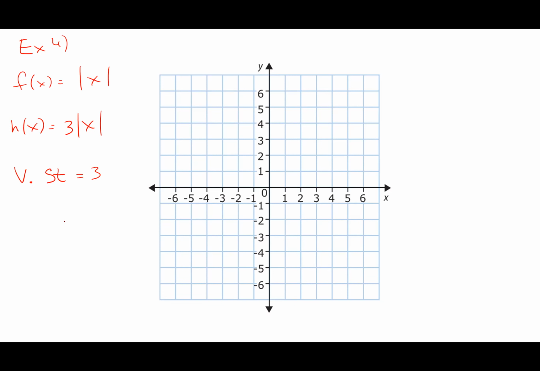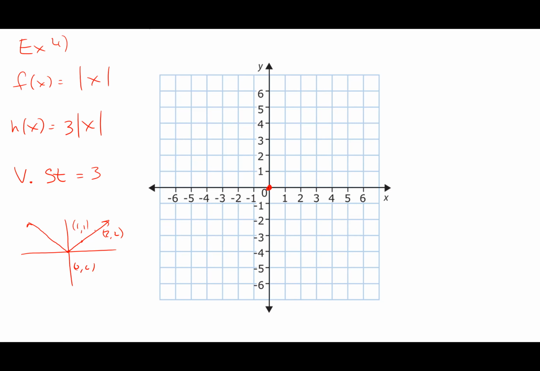All right, original function goes like this again. Boom, boom. So 0, 0, 1, 1, 2, 2. That's fine. So what we're going to do here is take the y value and make it 3 times bigger. We good? So the x value, no change here. So 0, 0, still at 0, 0.